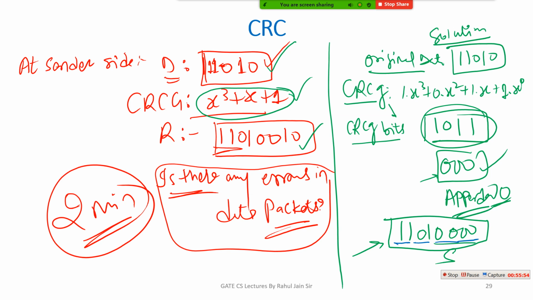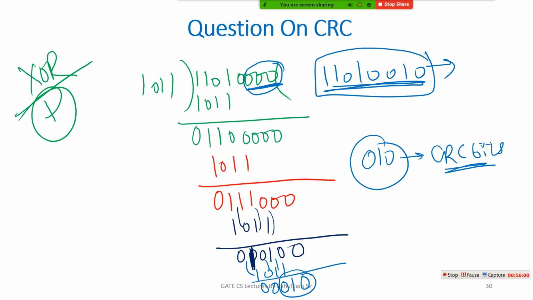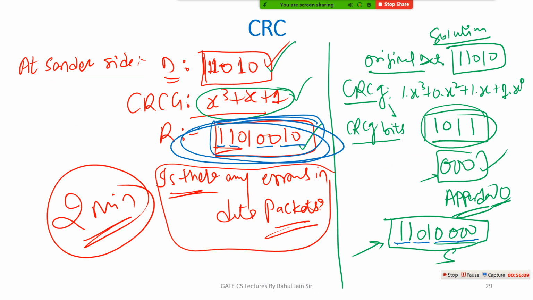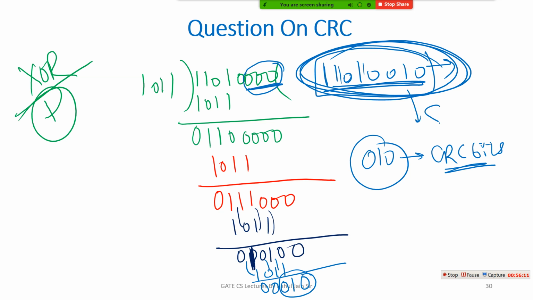So this data and this data are the same. This is the data which the sender had sent to the receiver after applying CRC bits, and this is the data which the receiver has received. Both are exactly the same. That is why there is no error.